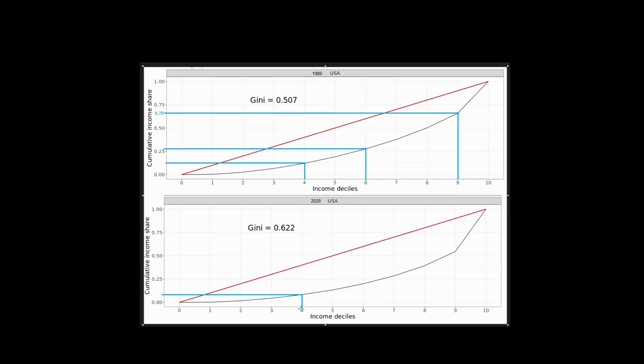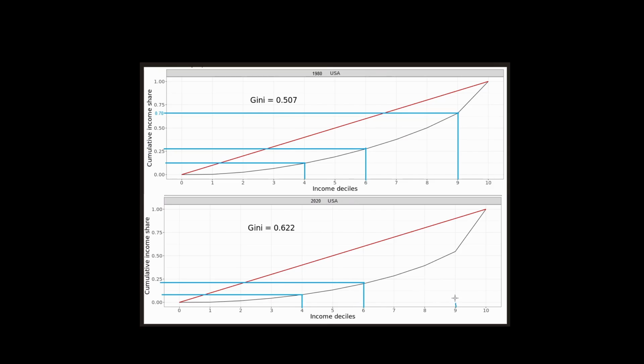So 4 out of 10 Americans are only accounting for 8% of the national income. We go up to the 60% of people. 60% of people are now earning less than 25%. It used to be greater than 25%. Now we're below the 25% and a bit more so. So definitely lost here as well.